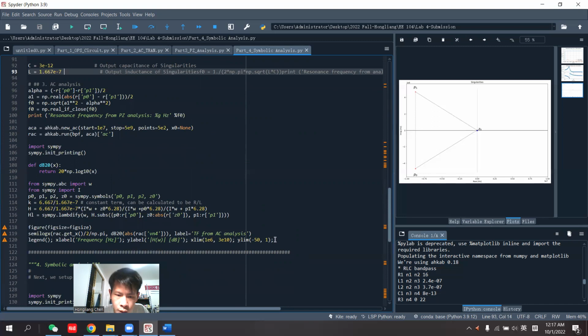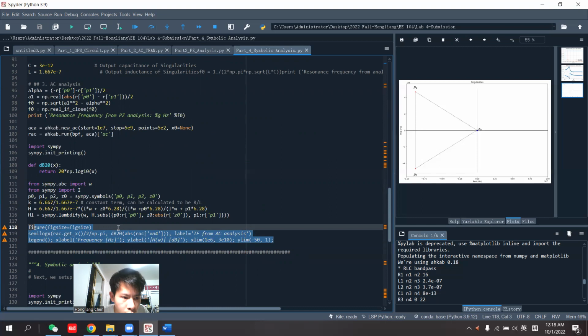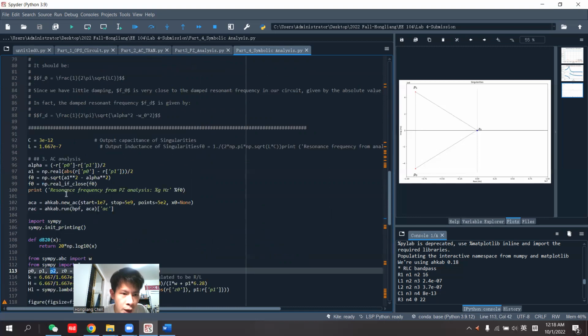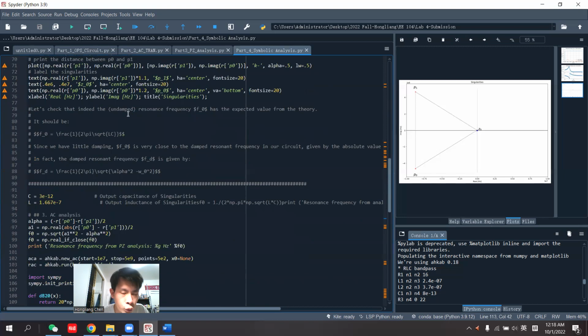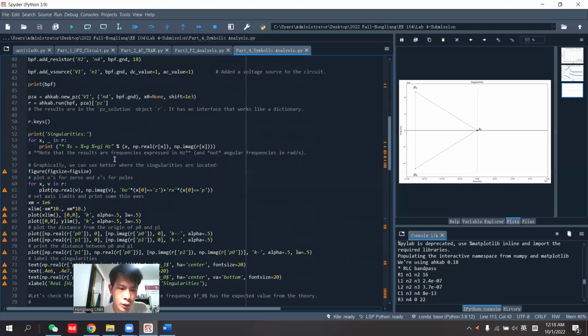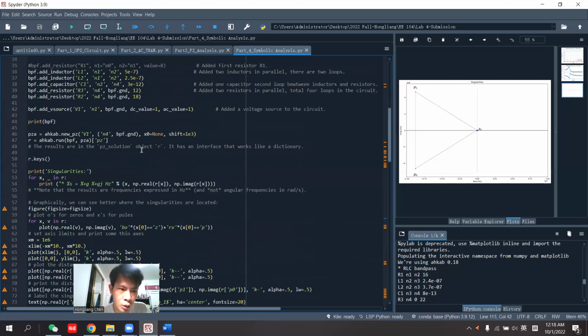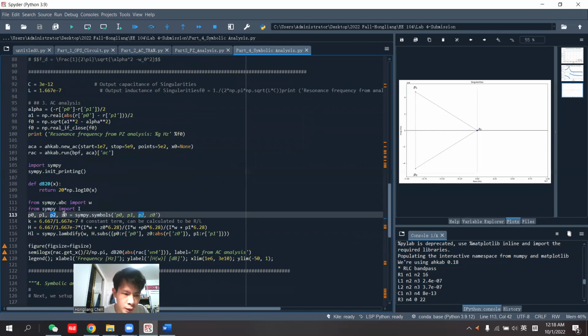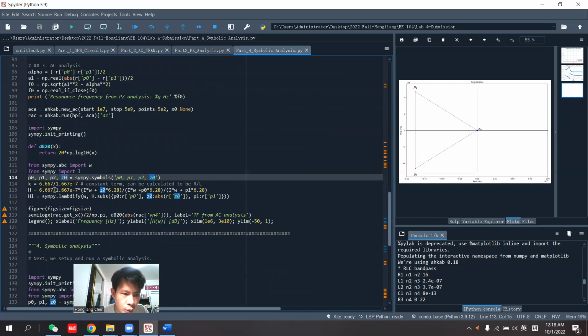In this case, I could also plot, and I have to add, since I had 3 poles generated from the last part of the code, I have to include all 3 poles in this operation, and 1 zero is included as well.